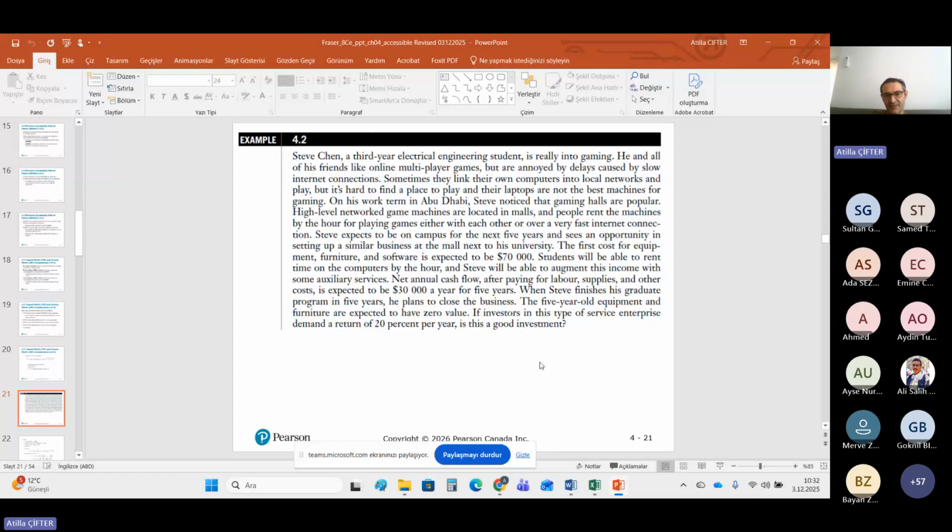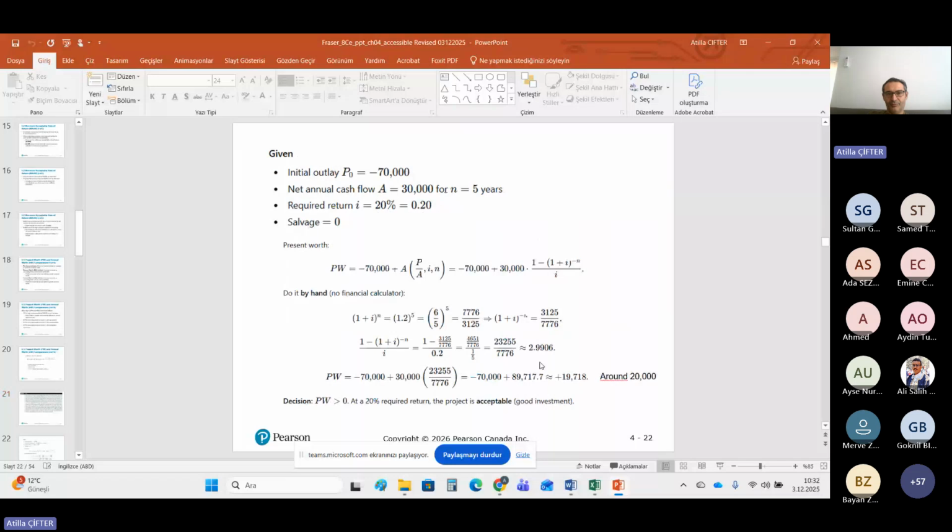You can see that the demanded return of 20% is the critical point for us. So firstly, what is Steve's initial investment, P0, which is a cash outflow? It is 70,000. The net annual cash flow is 30,000 for 5 years. The required return, which is the interest rate required, is 20%.